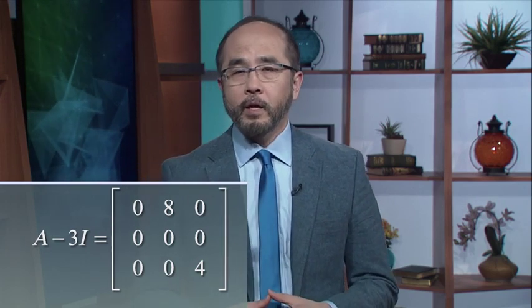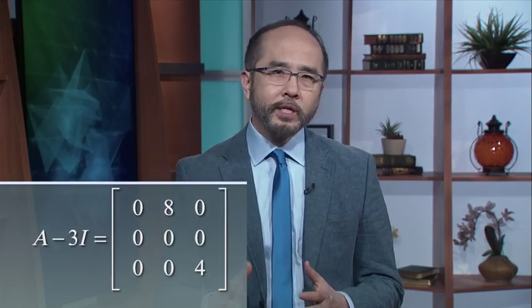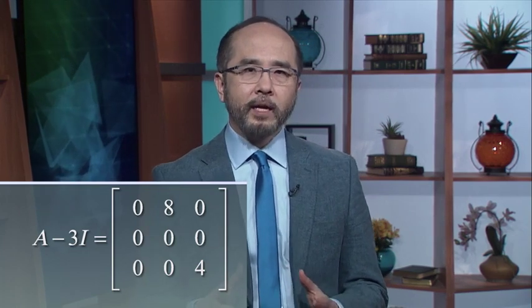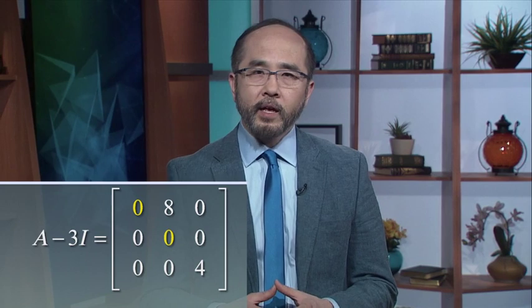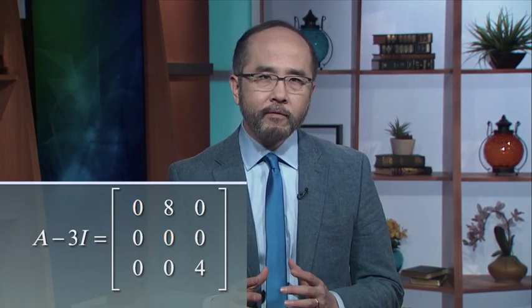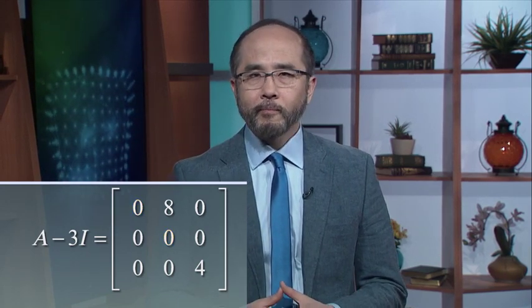To find E3, the eigenspace associated with the eigenvalue 3, we want to find the null space of A minus 3I. The effect of subtracting 3 times the identity from A is that it produces 2 zeros along the diagonal of A, and the resulting matrix is already close to row echelon form.